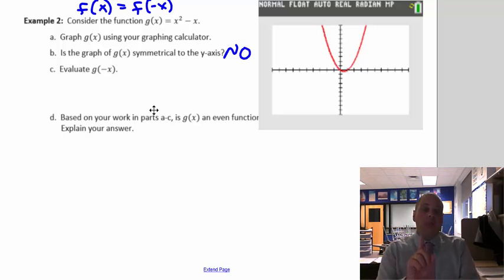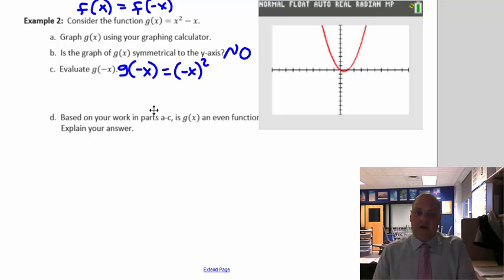So just because I have an even degree does not mean I have an even function. You have to do the graphing test or the negative x test. So let's do g of negative x. G of negative x equals, and you know it's not going to work, negative x squared minus negative x.